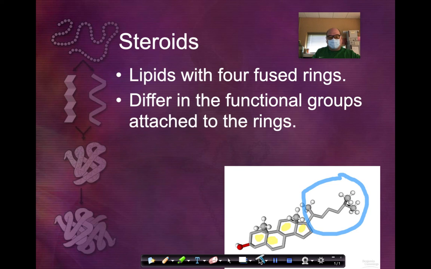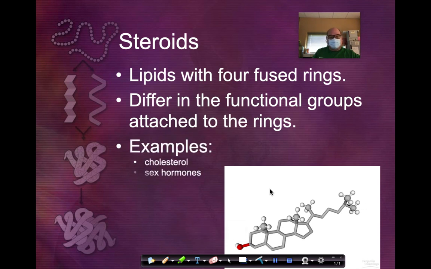Men are going to have a lot more testosterone. They have a little bit of estrogen. Women are going to have a lot more estrogen. They have a little testosterone, because all we're doing is changing these bonds out here in very tiny ways. And another example of a steroid is cholesterol, which is a big element of nutrition. And cholesterol is also found in cell membranes.